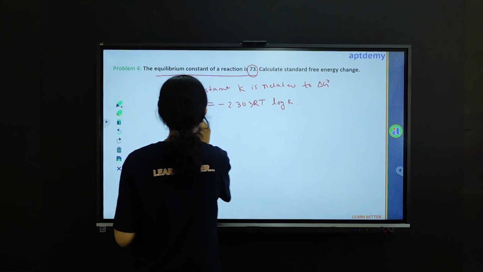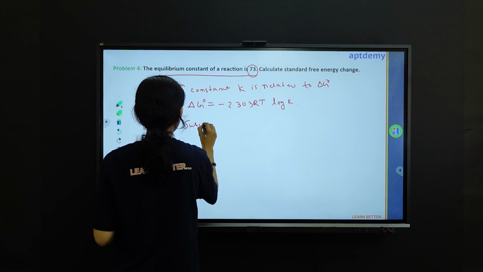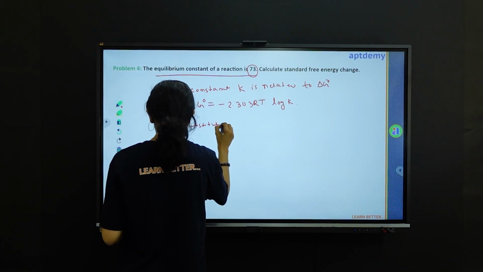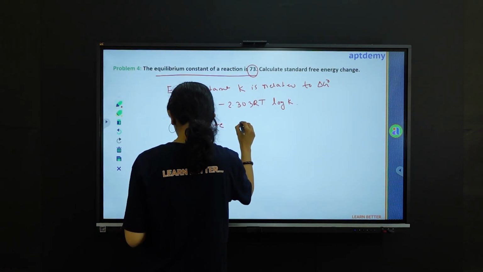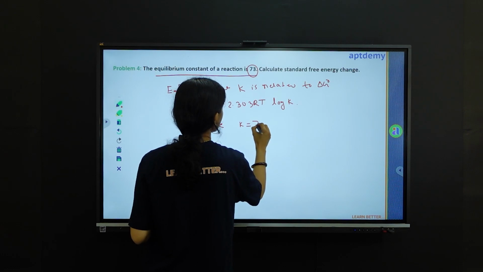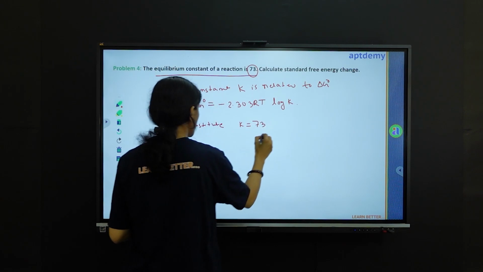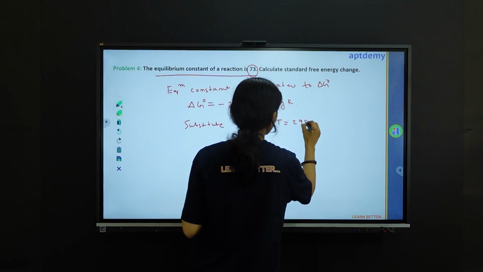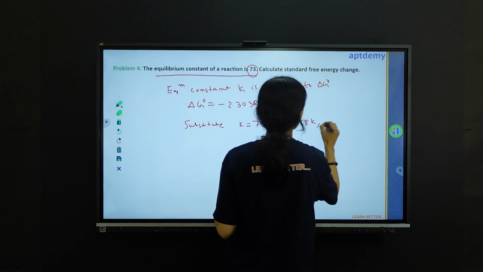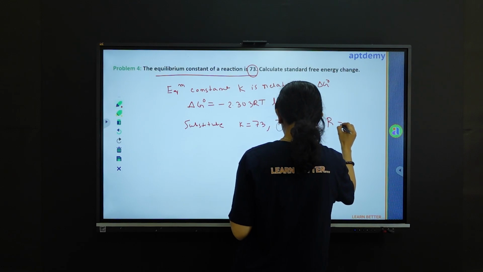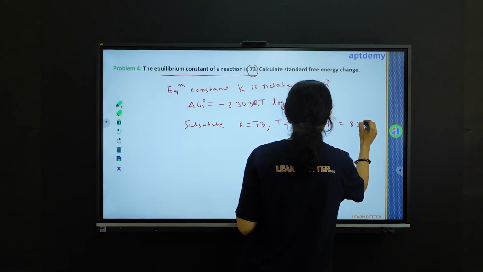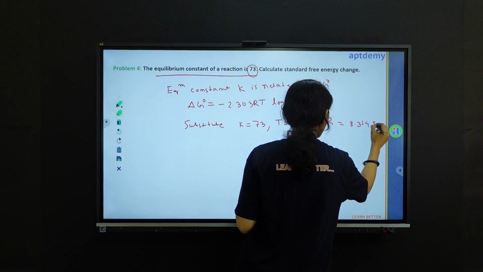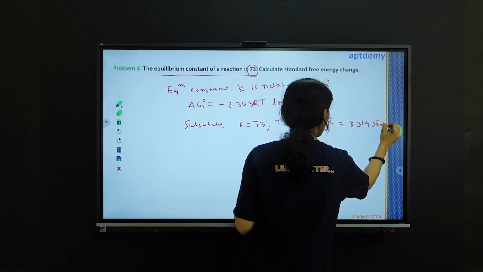Now if you substitute the values of K, which is given as 73, the equilibrium constant, the temperature is 298 Kelvin, and R we know is 8.314 joule per Kelvin per mole.